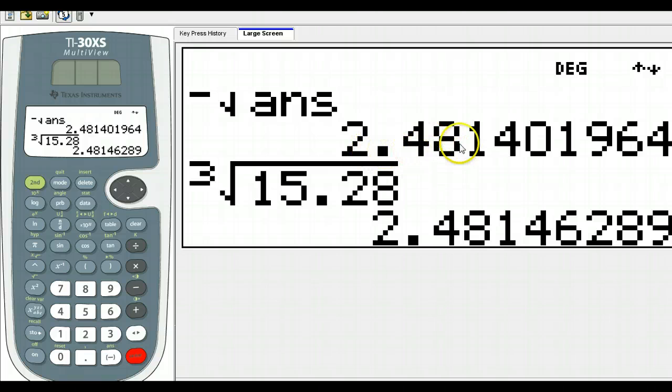So we had 2.4814 like that, and then we had 2.4814, and then the numbers changed around this area. All right, so if you don't remember how to do the ANS thing, you could probably get away with doing it this way. Anyway, so our radius is approximately 2.48.